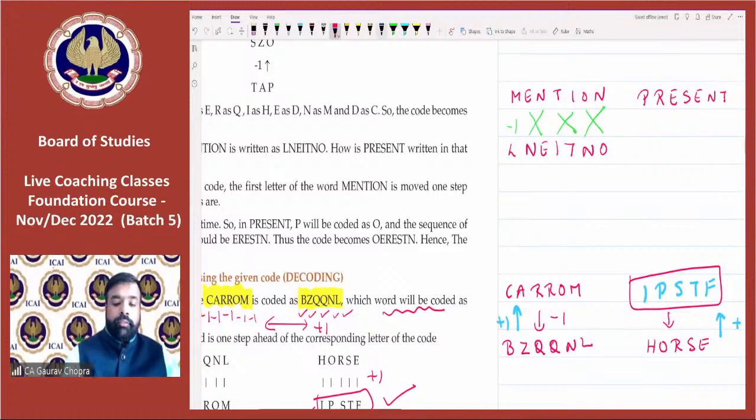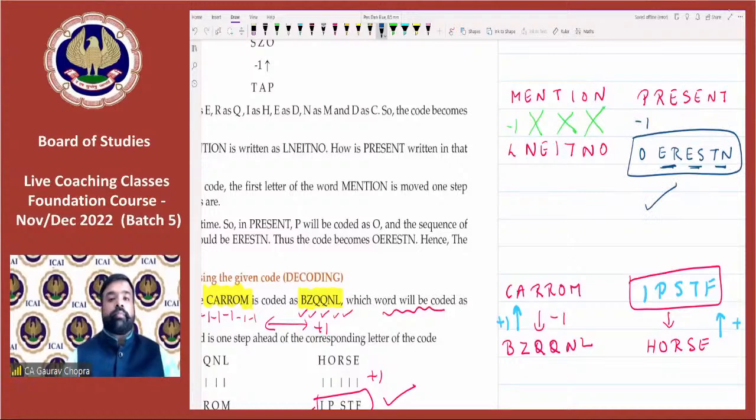So -1 from P, it will be O. Then R and E will interchange their positions, so we will write E, R. S and E will interchange and N and T will interchange. So these pairs are changing their positions and we get the final answer. All right.